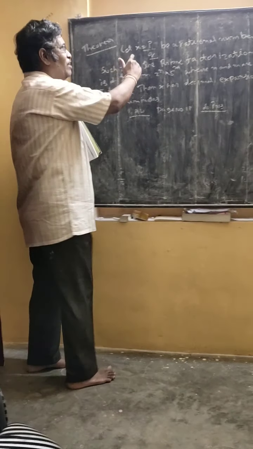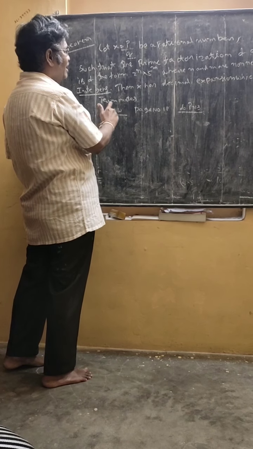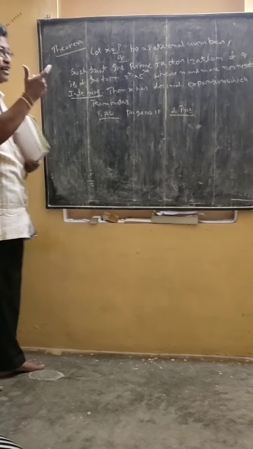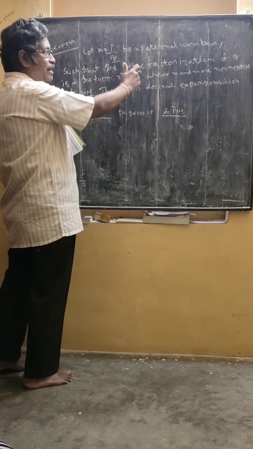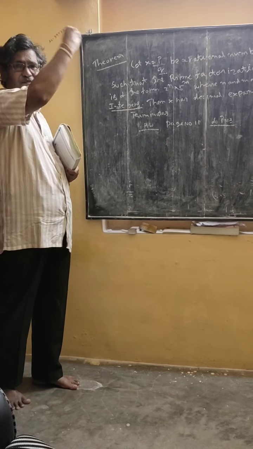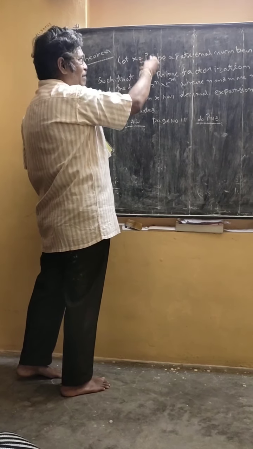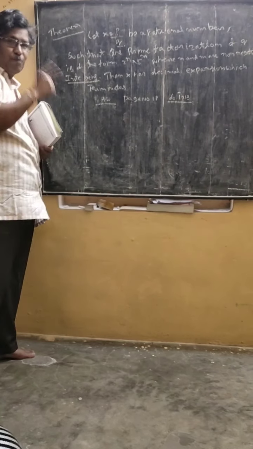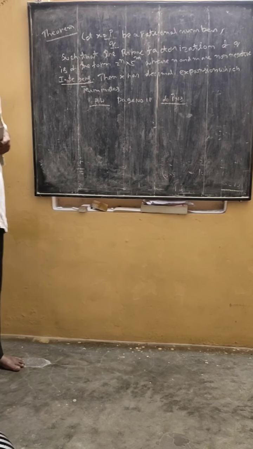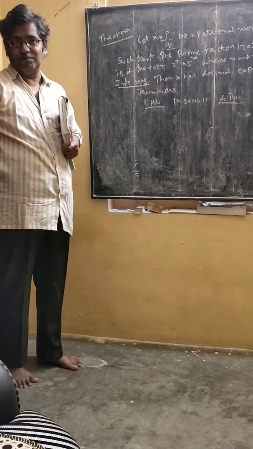Here what is the hypothesis? x is p by q. What is the conclusion we got here? It is a terminating decimal. Intermediate, q should be in the form of 2 power n into 5 power m. In 1.3, a terminating decimal is given and it is converted into p by q, the rational number form.